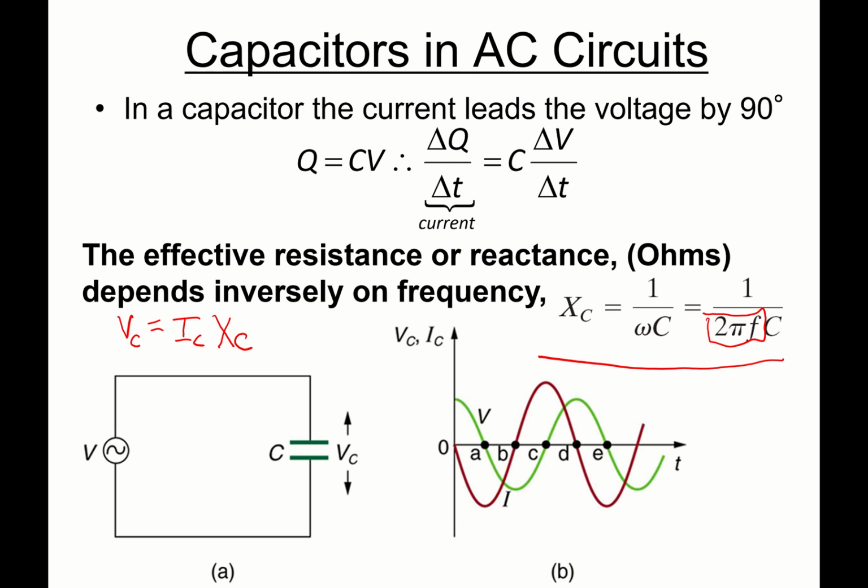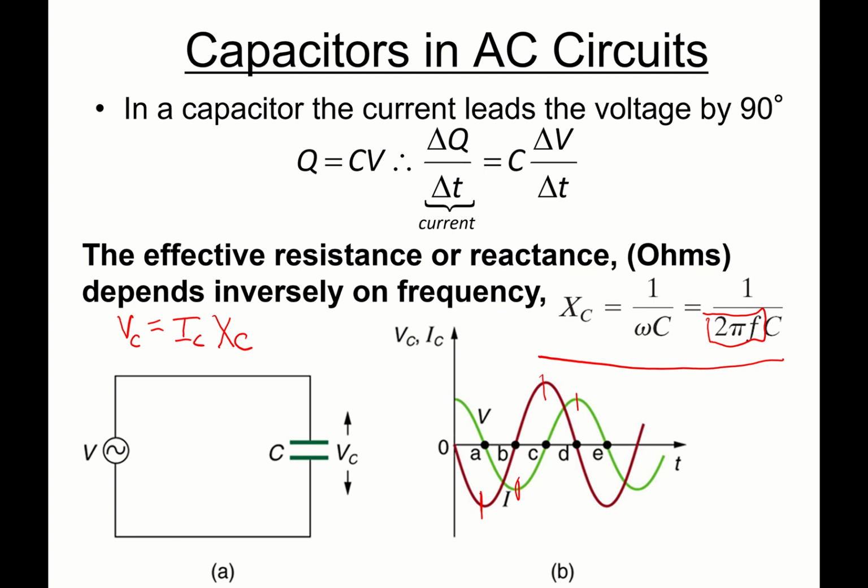If I plot the voltage and current for the capacitor in an AC circuit, you can see that the voltage, which is the green line, and the current, which is the red line, are 90 degrees out of phase, so that they have their peaks and valleys 90 degrees, or a quarter of a cycle, apart from each other.